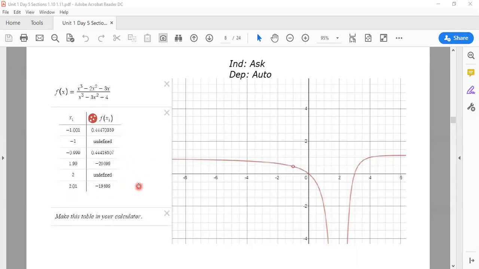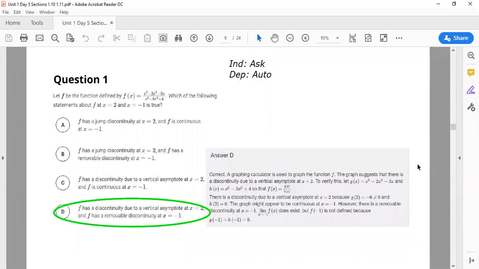Anyway, that looks like definitely, and you can put a few more values into C. So with that said, the answer to this question is for sure D, because a graphing utility will reveal that F has a discontinuity due to a vertical asymptote at x equals 2 and a removable discontinuity at x equals -1, because the function value does not equal the limit. F of -1 was undefined.